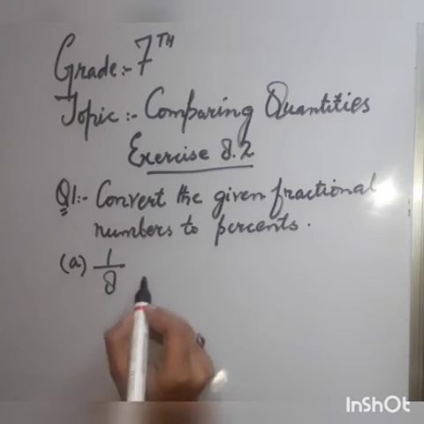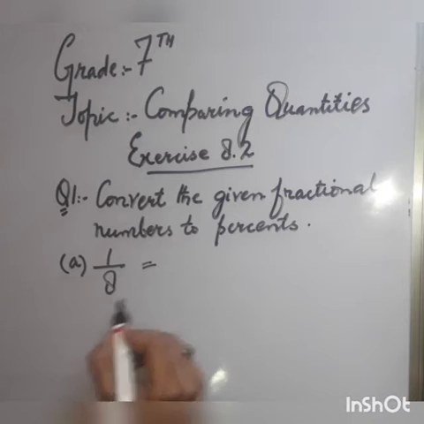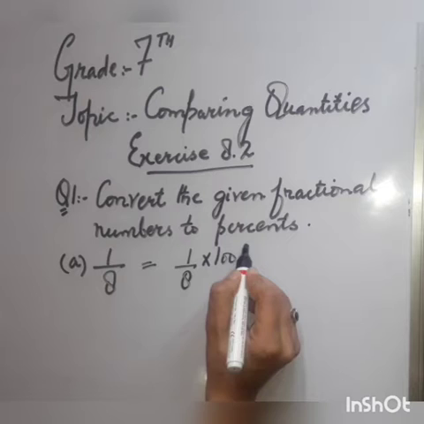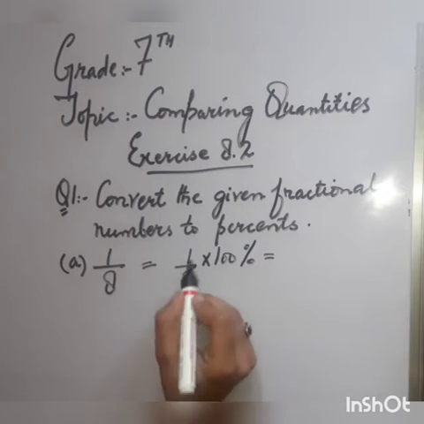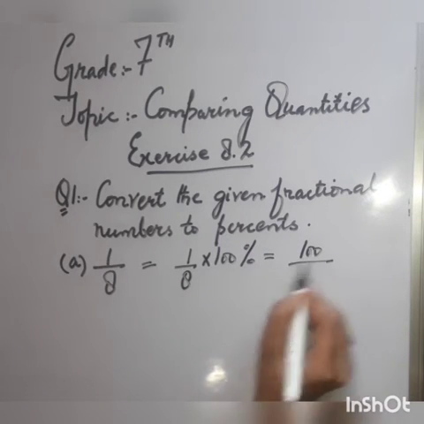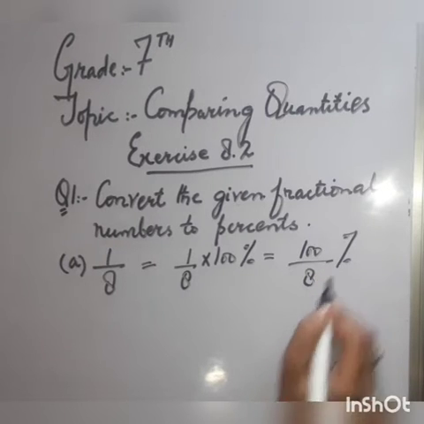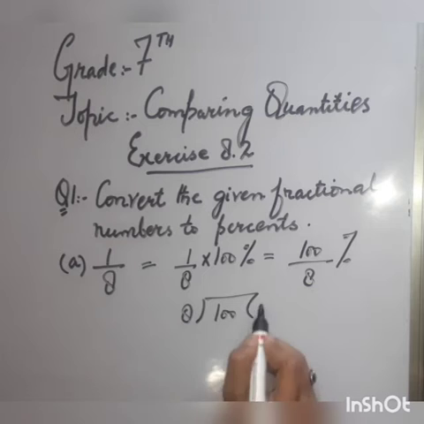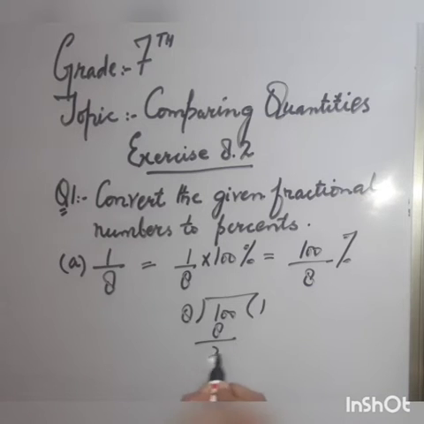To convert this fraction into percent, what we'll do is, we'll multiply this fraction by 100 and write the percent sign. Now 1 into 100 is 100 by 8%. Now when we divide 100 by 8, 8 1s are 8, 10 minus 8 is 2.